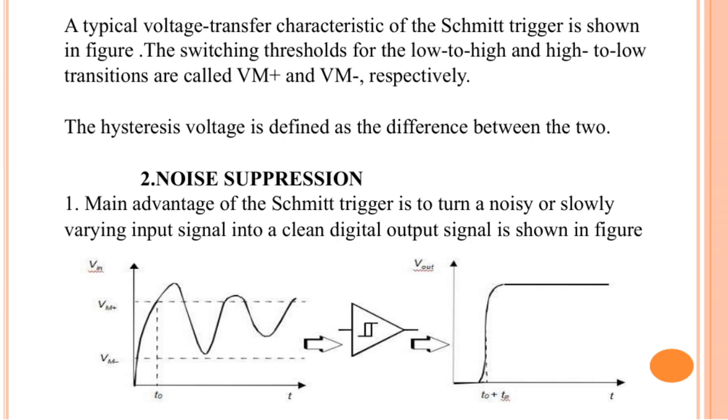This hysteresis is crucial because it helps the Schmitt trigger reject noise. Speaking of noise suppression, the main advantage of this device is its ability to convert a noisy or slowly varying input signal into a clean, stable digital output. This makes it extremely useful in situations where signal integrity is vital despite fluctuations or interference in the input.